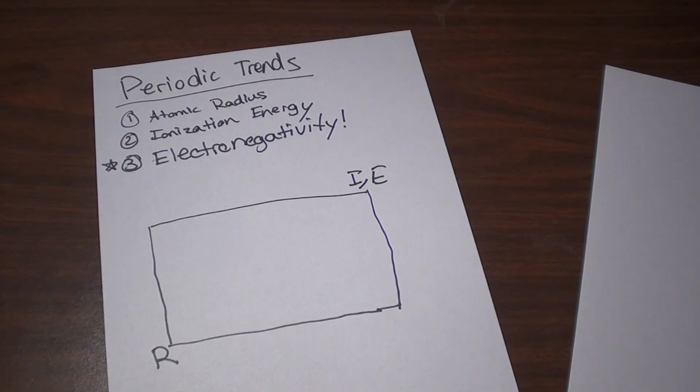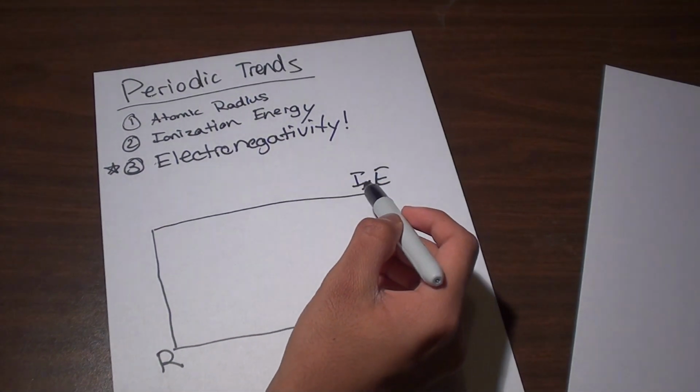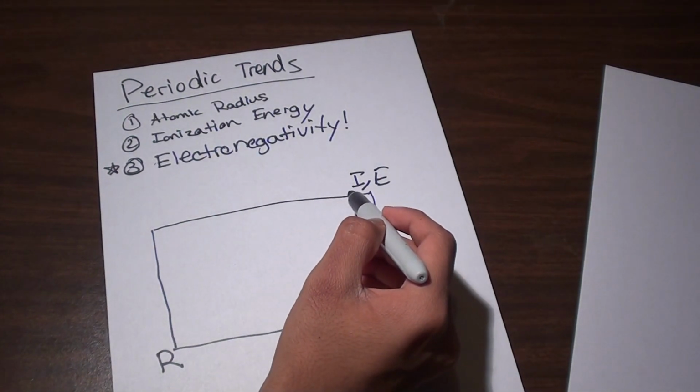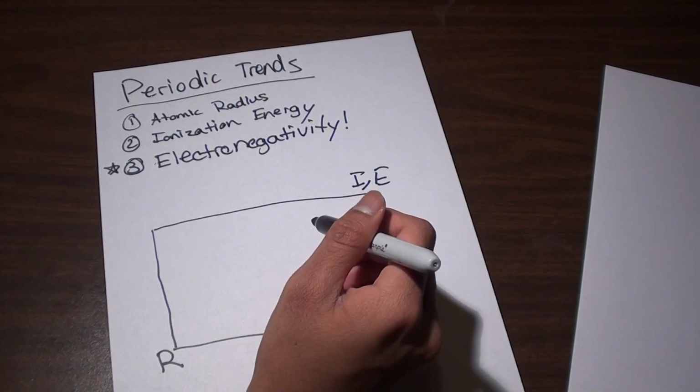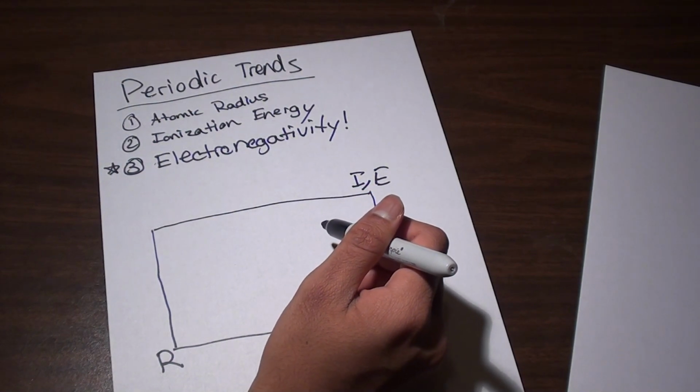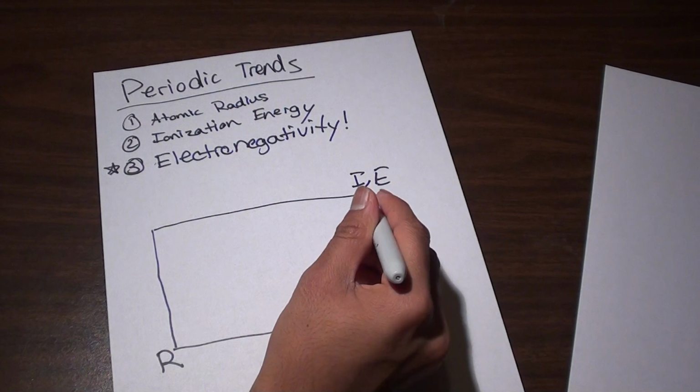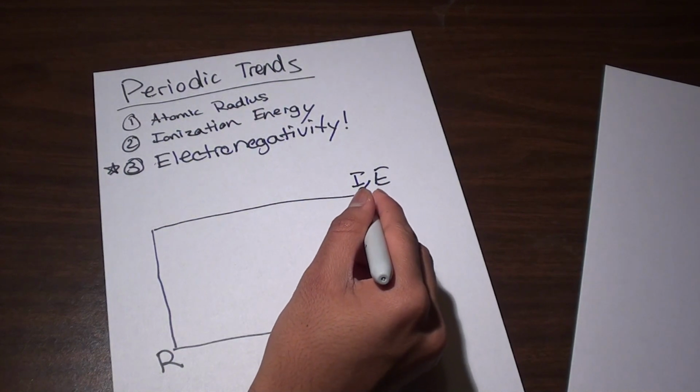The reason why is because as you go to the right, protons are added to the nucleus, which increases its positive charge. So the negatively charged electrons are going to be more attracted to the nucleus because of the greater positive charge.